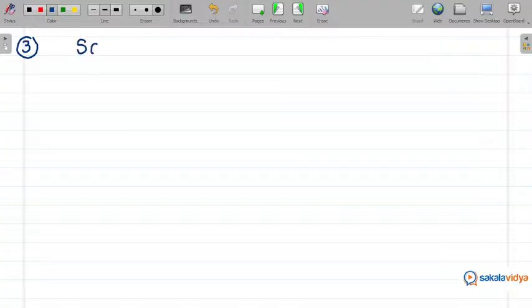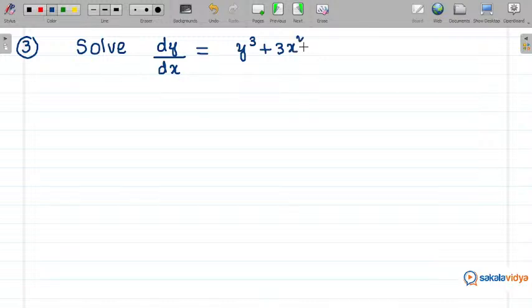Solve dy by dx is equal to y cube plus 3x square y divided by x cube plus 3xy square. See, y cube plus 3x square y divided by x cube plus 3xy square.